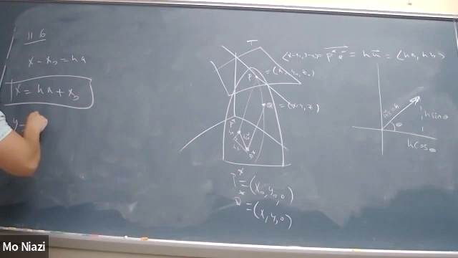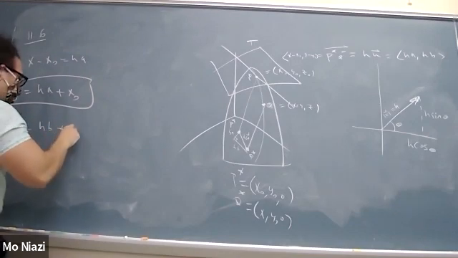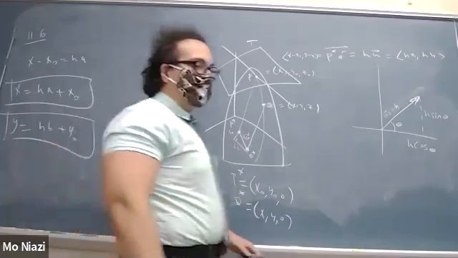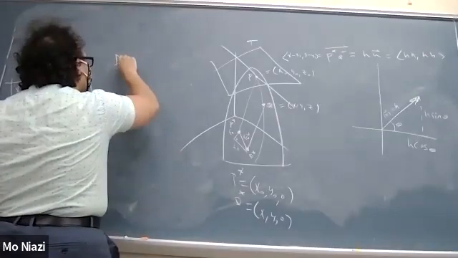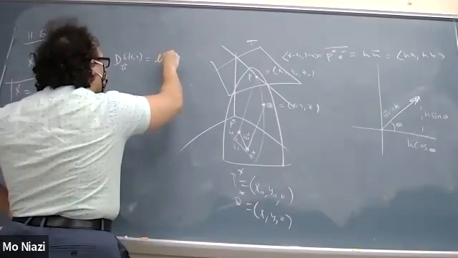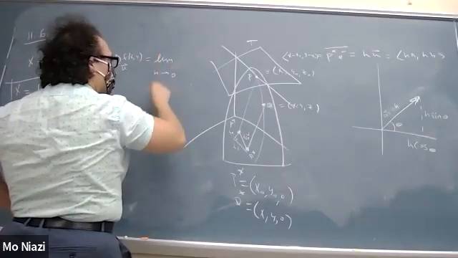Similarly, you would get this parameterization for y. This is a y naught. Okay. So then we define our directional derivative in the direction of this unit vector u as the limit as h approaches 0. I can delete this now.